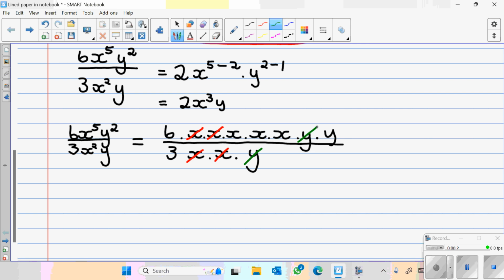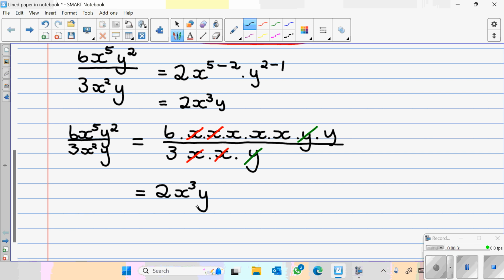So my answer in the end is 6 divided by 3, which is 2, and there are 3 x's left, and there is 1 y left. That is the extended method.